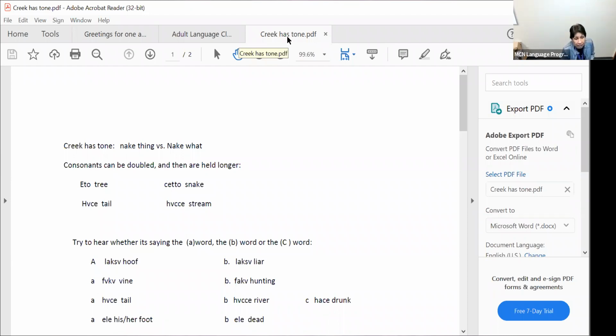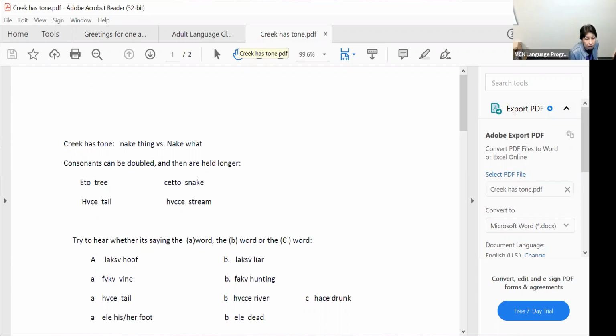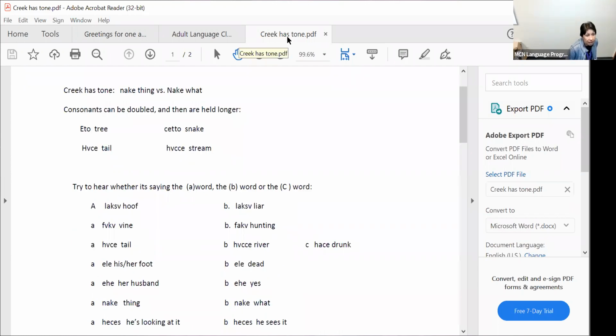Try to hear whether it's saying the A word, the B word, or the C word. Okay, laksa. Sa is a hoof. A horse's hoof, deer hoof, whatever. It can mean any kind of animal, as long as it's got a hoof.